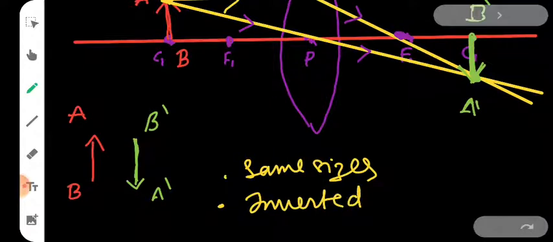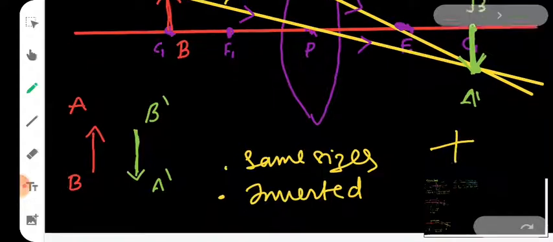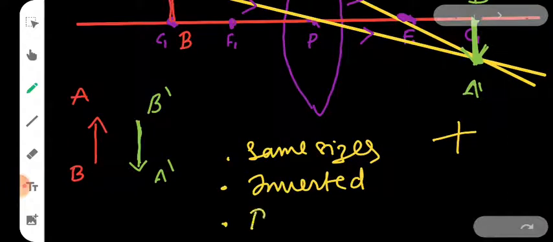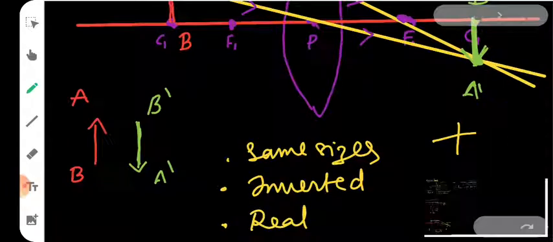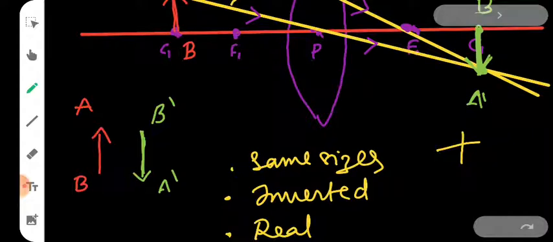And what about the nature? For a convex lens, if the image is formed on the right side or the positive side, then it will always be a real image, for the convex case only. When you come to a concave lens, this won't be the case.